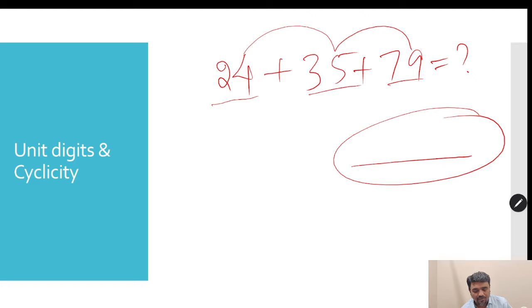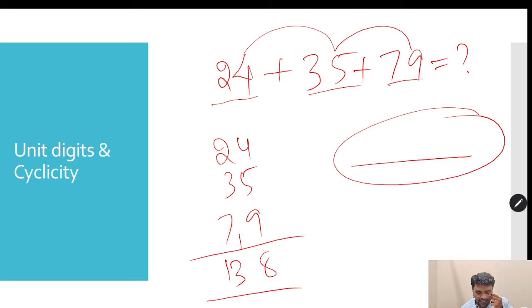Let me do that. 24 plus 35 plus 79. The answer is 138. If you see, I got the unit digit as 8. This 8 is not dependent on these values, whether here 2 is there or 3 is there or 7 is there or whatever the other number is.